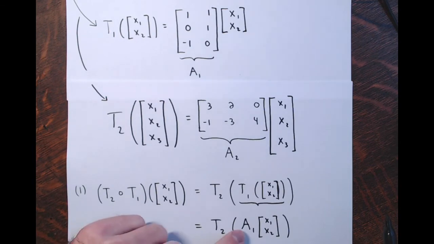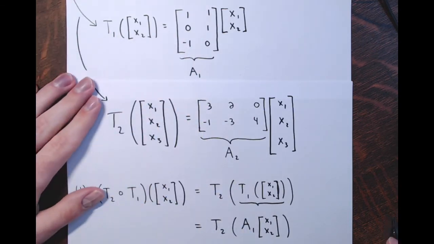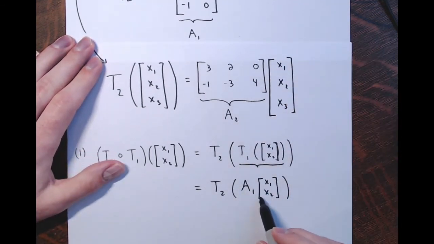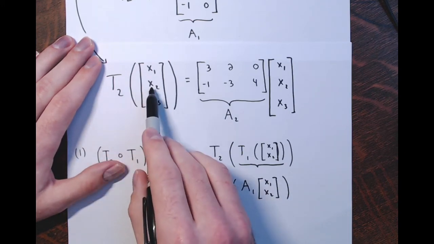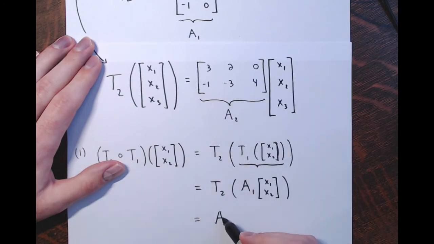Okay. And again, A1 is this 3 by 2 matrix up here. I'll write this in a second. And then when I apply T2 to this A1 times the input vector, well, when I apply T2 to some vector, I get the matrix A2 times that. So this will be A2 times A1 times that input vector, x1, x2.